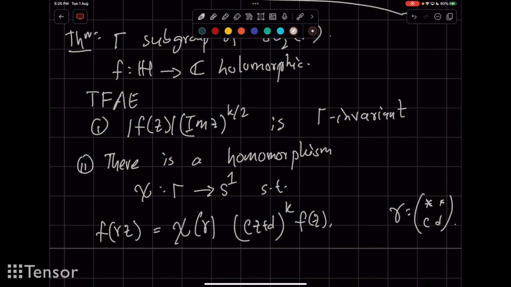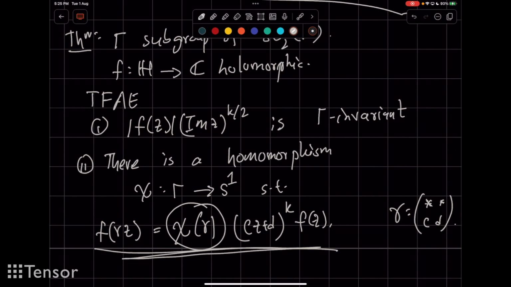So the theorem states that if |f(z)| times the imaginary part of z to the power k over 2 is SL2(Z) invariant, then we can almost recover the modularity condition, except we have a term with modulus 1 here.